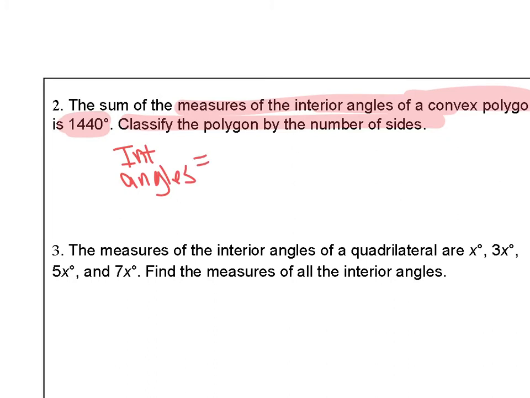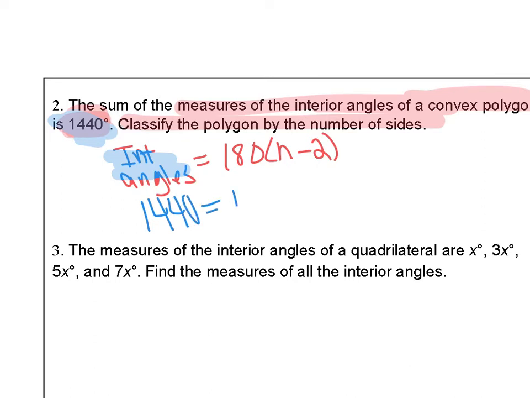This isn't each, this is saying all of them together: 180 times n minus 2. We don't divide by n because we are not finding each interior angle. And it tells us that the sum is 1440, so 1440 equals 180 times n minus 2.